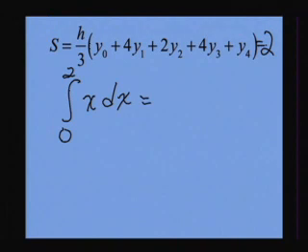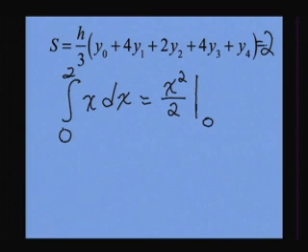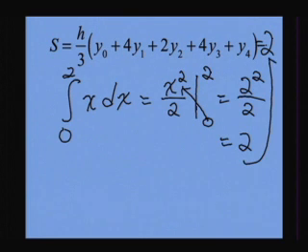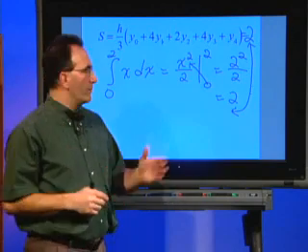That's going to be x squared over 2, and we're going to evaluate that from 0 to 2. And that's going to give us 2 squared over 2, and of course, when you plug 0 in there, that's just going to give us minus 0. And 2 squared is 4, 4 divided by 2 is 2. And in this particular case, Simpson's rule gave us the exact value that we got when we evaluated the integral.